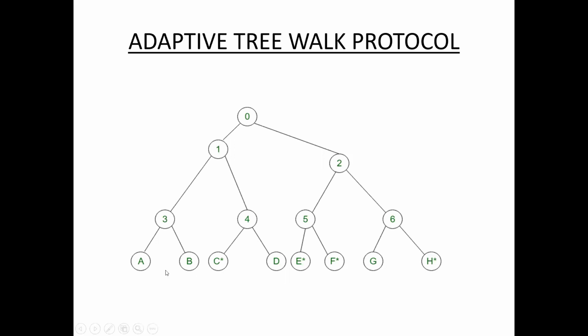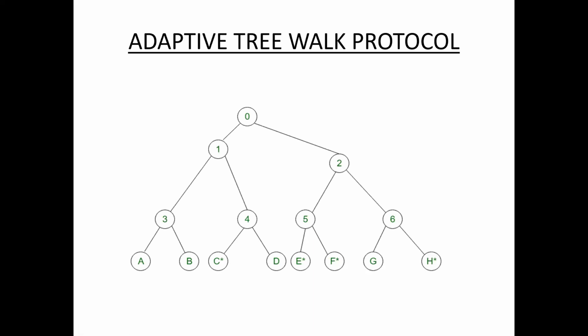So in this example, stations C, E, F, H try to transmit frames. Under slot 0, all stations C, E, F, H have to transmit the data.